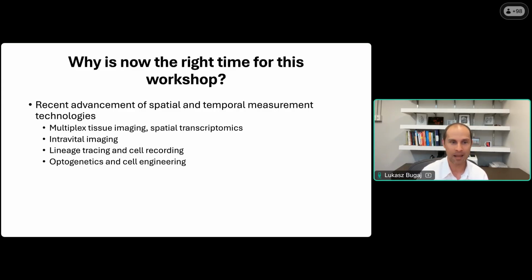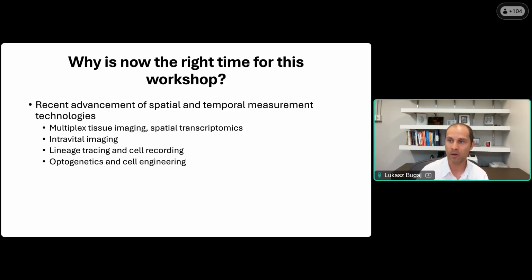And at the same time, we're also able to bring in other technologies like multiplex tissue imaging, add in the dynamic component by looking at intravital imaging, looking at things changing over time in actual in vivo. We have other technologies coming from genetic engineering and cell engineering, like lineage tracing, cell recording, and then we have other perturbative technologies more from the field of synthetic biology, things like optogenetics, engineering cells to themselves sense and perturb systems.